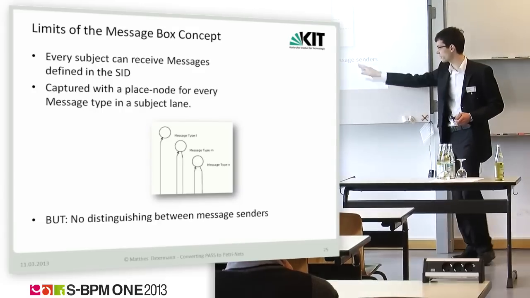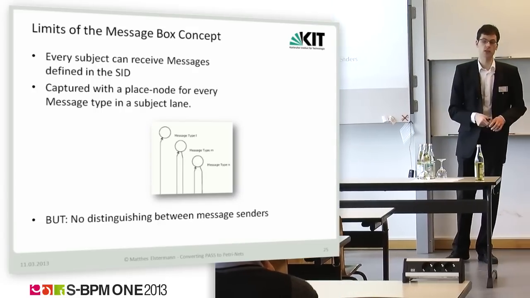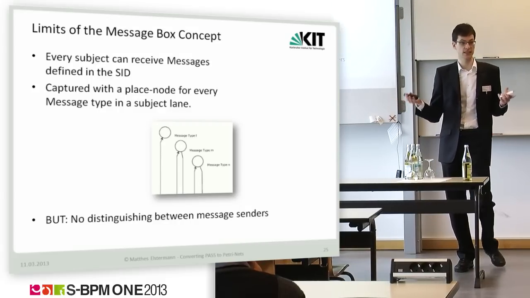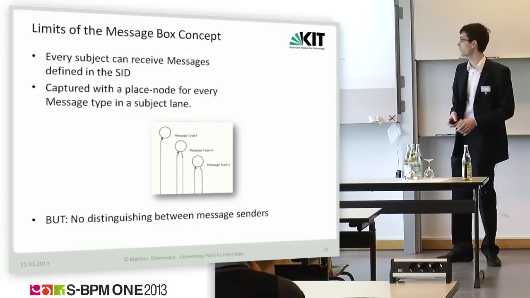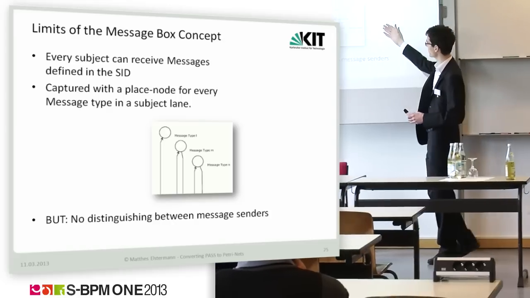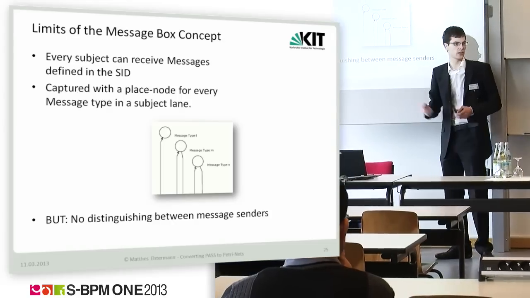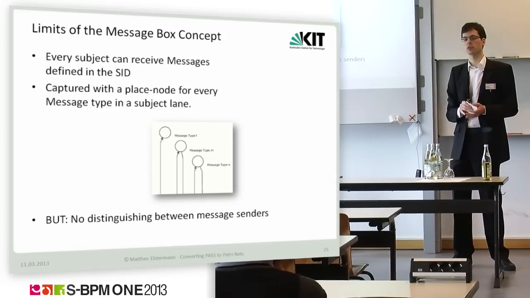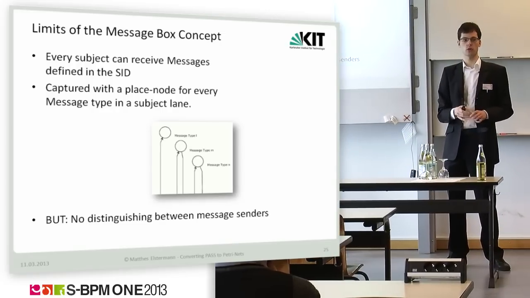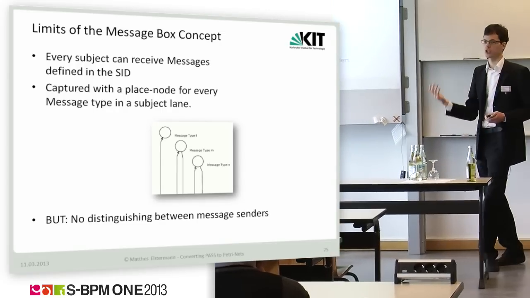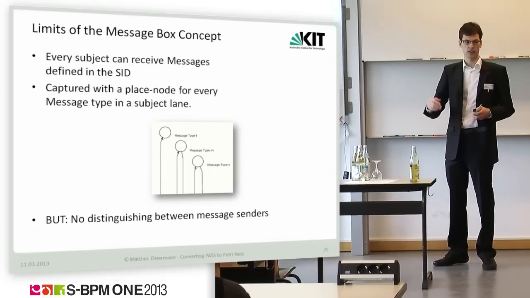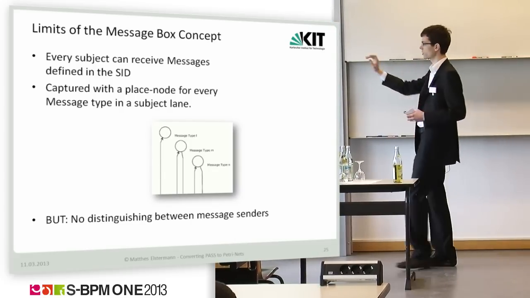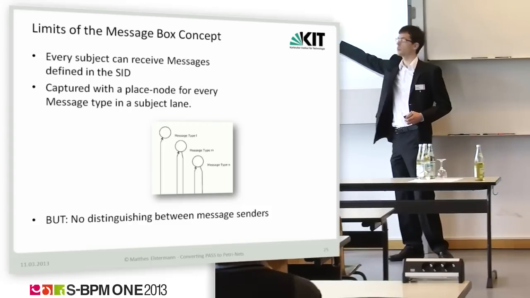For example, in PASS you can distinguish between the actual senders of the message. Two different subjects can send the same type of message, which would be placed in the same token here at the moment. I think there is a possibility to map this concept with higher level Petri-Nets, which is not what I did here, where you can add additional information to the tokens.